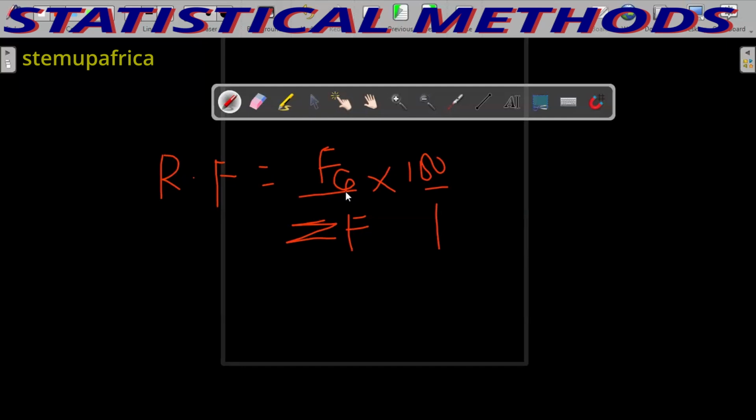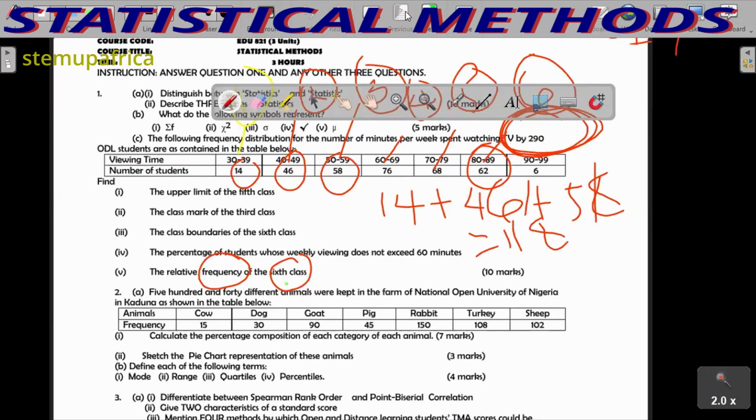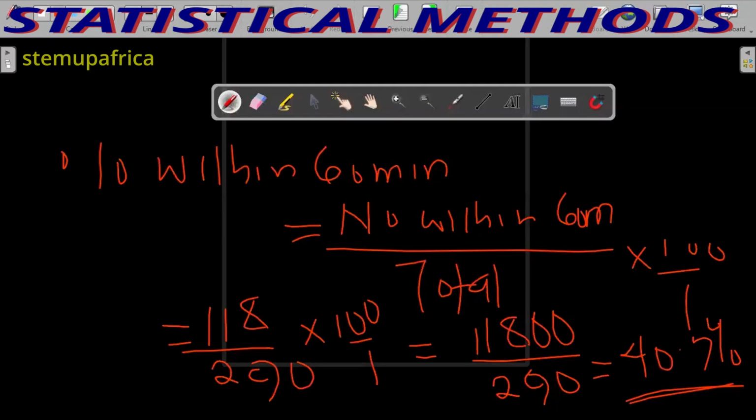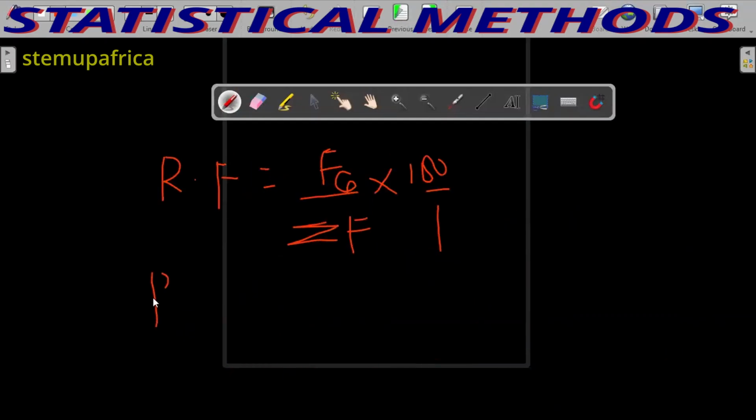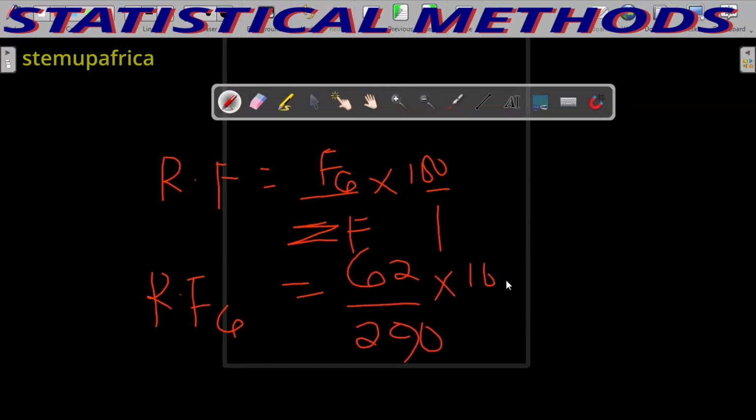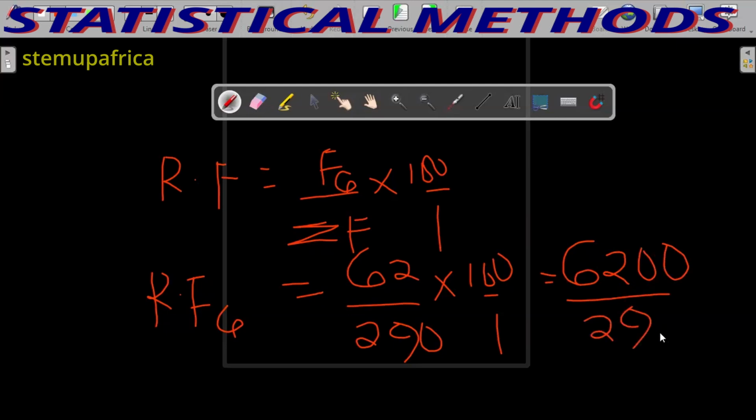So let's check the frequency of the 6th class. It is 62, and our total frequency is 290. So the relative frequency of the 6th is 62 over 290 times 100 over 1. If I multiply, I'm going to have 6200 divided by 290.